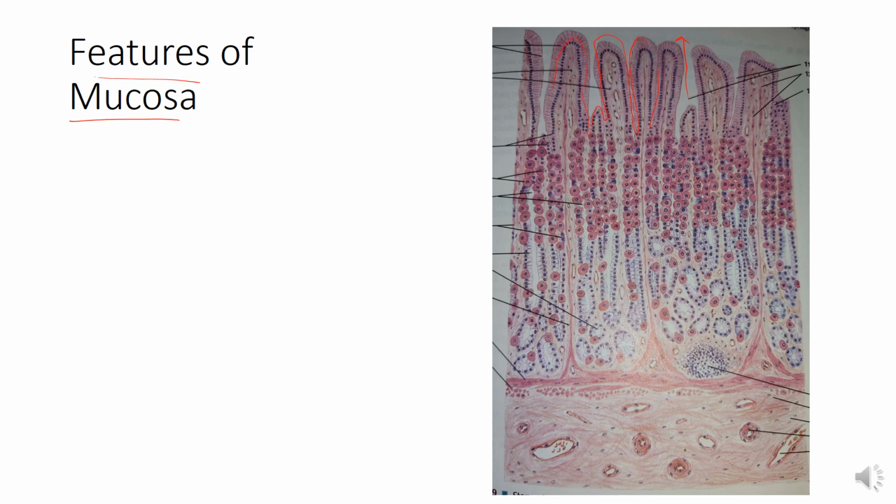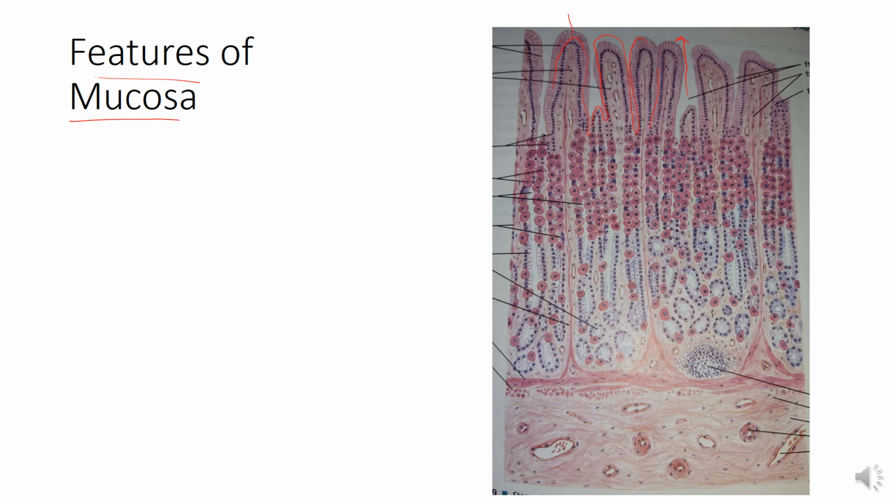The surface mucous cells that line the lumen and gastric pits secrete a thick, adherent, highly viscous mucus layer that is rich in bicarbonate ions and protects the mucosa from both abrasive effects of intraluminal food and the corrosive effect of stomach acid.